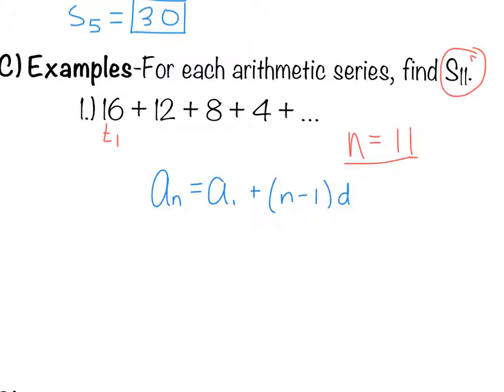The d is the common difference between the terms. Since it looks like it's going down by 4 every time, my d value is -4. So I'm going to plug everything in.